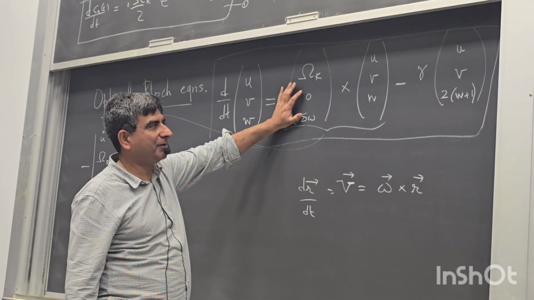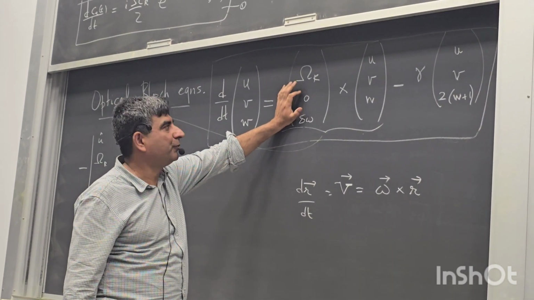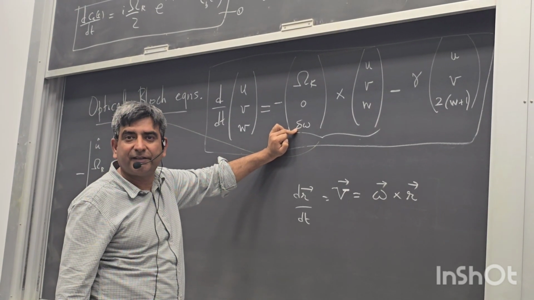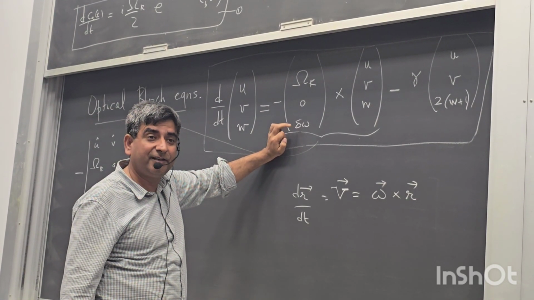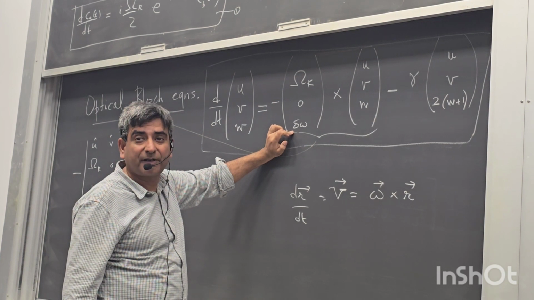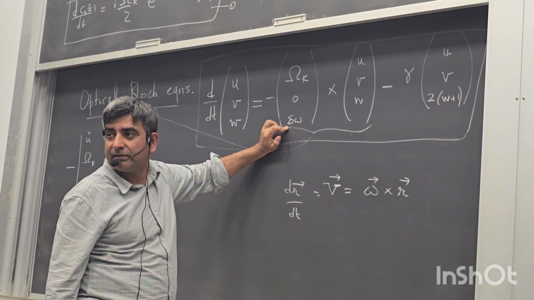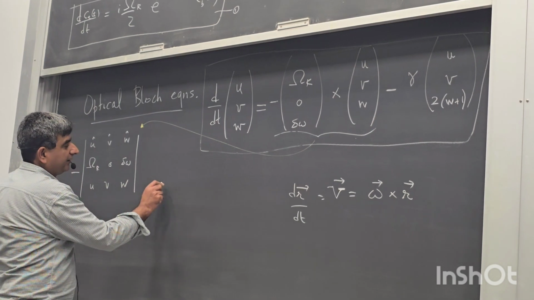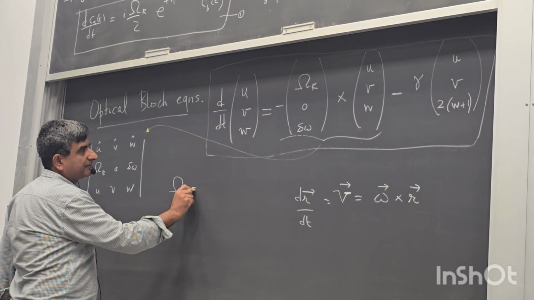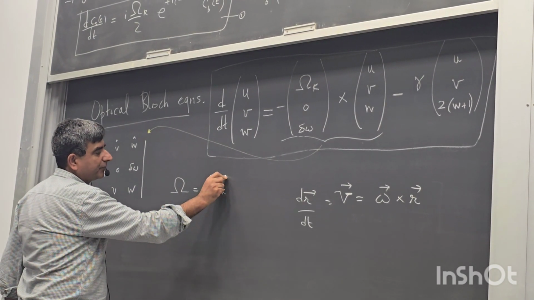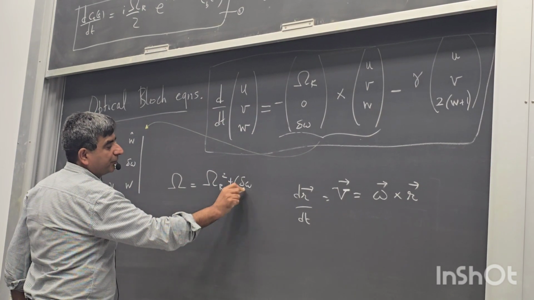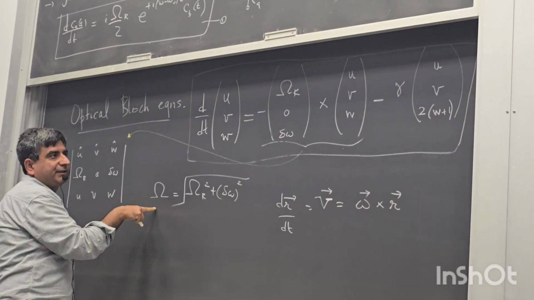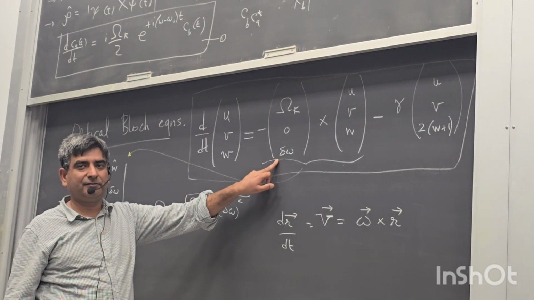The angular velocity will be the length of this vector, which is the square root of Omega_R squared plus delta omega squared, the detuned Rabi frequency. So the angular velocity for the system comes out straightforward as the square root of Omega_R squared plus delta omega squared, and we call this capital Omega, the length of this vector over here.